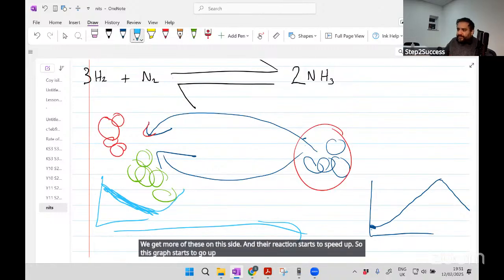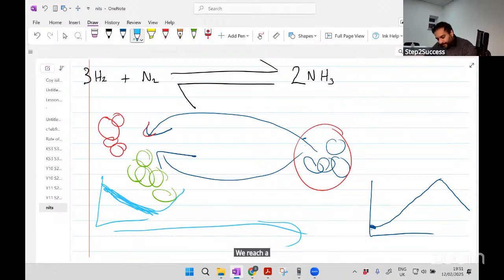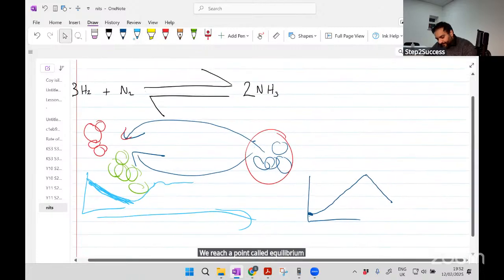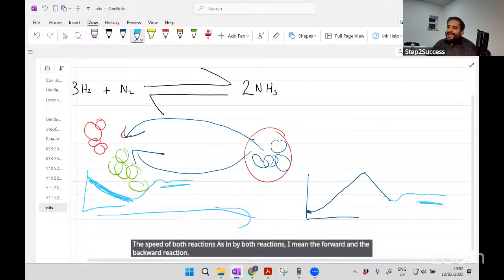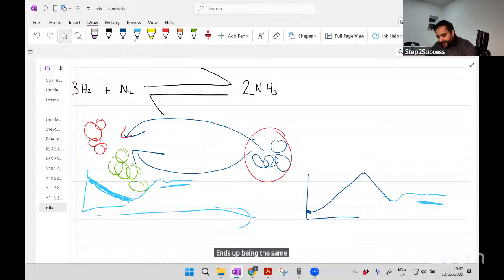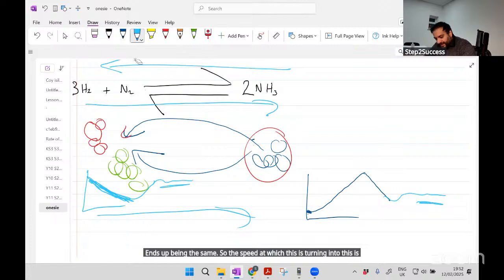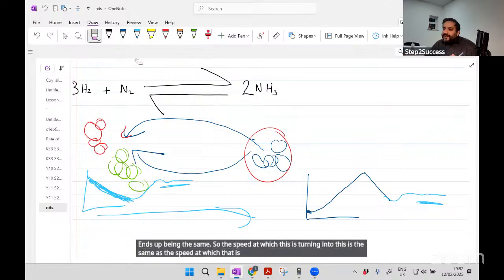I can go on forever, but the idea is that in any reversible reaction, we reach a point called equilibrium, where the speed of both reactions, by which I mean the forward and the backward reaction, ends up being the same. So the speed at which this is turning into this is the same as the speed at which that is turning into that.